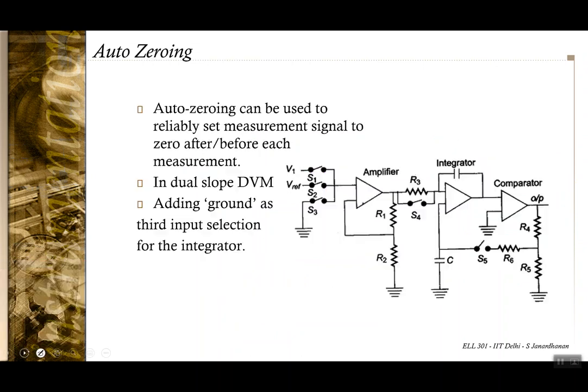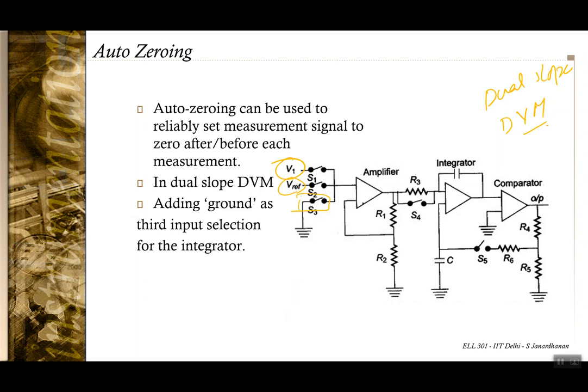So moving further, the zero detection, the auto zeroing, is something that we had seen earlier also, as I had said earlier, in the dual slope digital voltmeter. Now in this case, in addition to the input voltage and the reference voltage, you have a third position in which the switch can be put, which is connected to the ground.